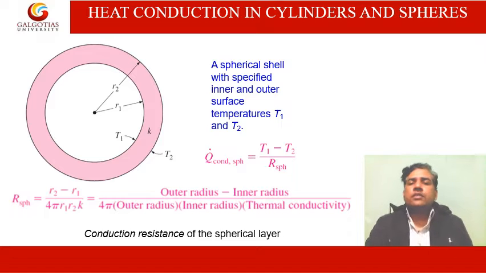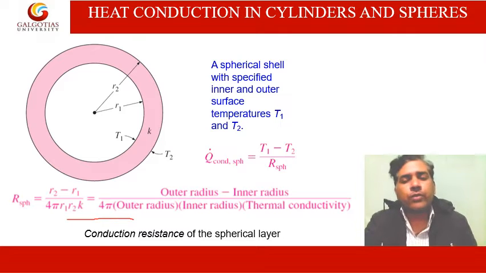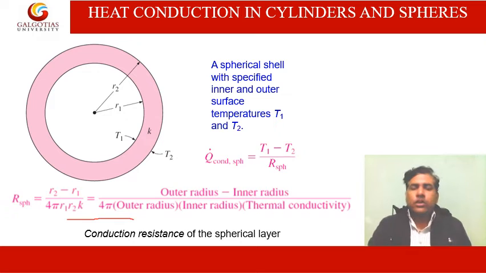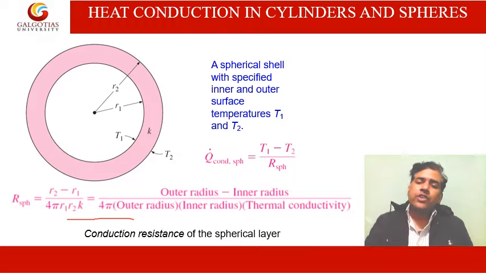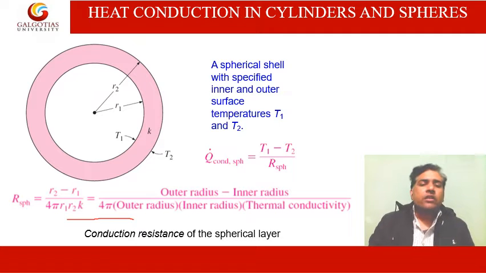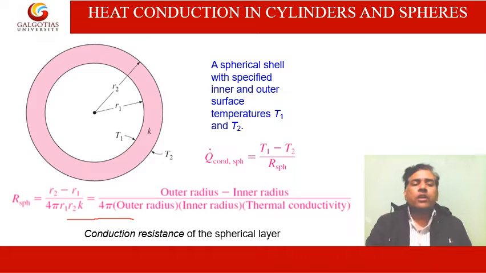Then again, in the case of a sphere, this formula will be found by integrating the heat conduction equation that we discussed in unit 1. Okay, so the heat resistance can be obtained like this: (R2 minus R1) upon 4 pi R1 R2 k.